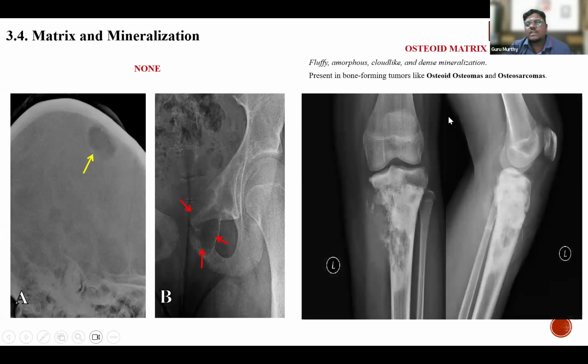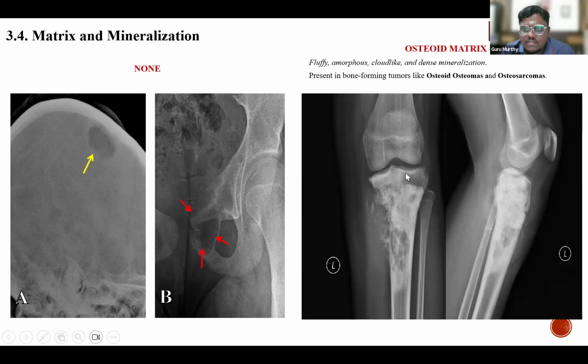In SBC, ABC, GCT, most of the lytic lesions which you see, we won't be able to appreciate anything within the lesion. There won't be any matrix which radiography can pick up. So in those cases, you can just comment as no matrix seen. You can just mention it as a purely lytic lesion. Whatever septations are there, you can comment on those, but they don't apply to any type of matrix.